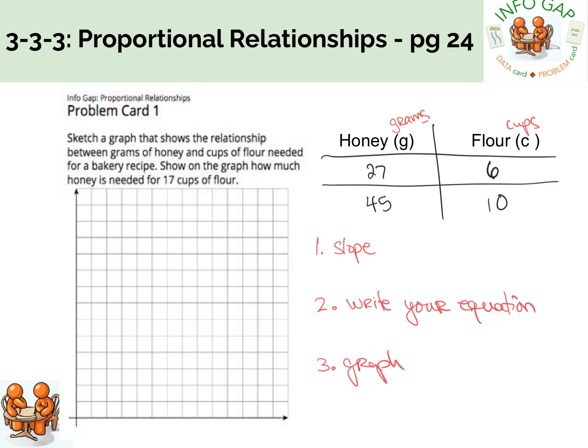So these are the 3 things we want to do. All right, let's find our slope. I'm going to tell you, we're going to set it up as the honey is our X value and Y is our flour. Could we set it up the other way around? We absolutely could. I'm just saying that X is going to be our honey, and then y is going to be our flour.